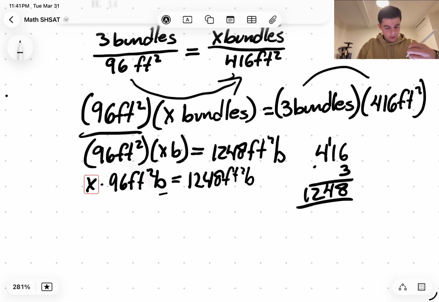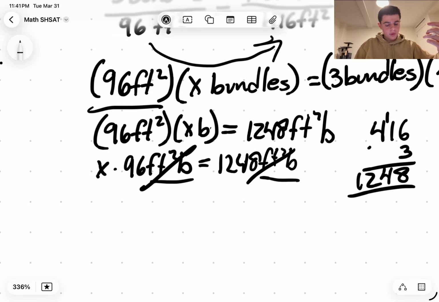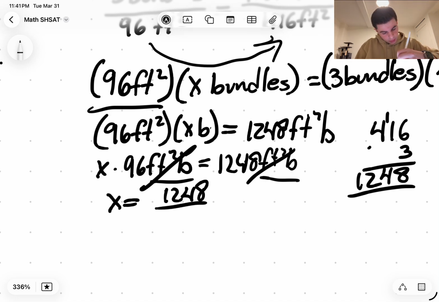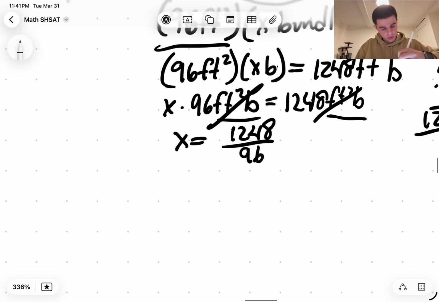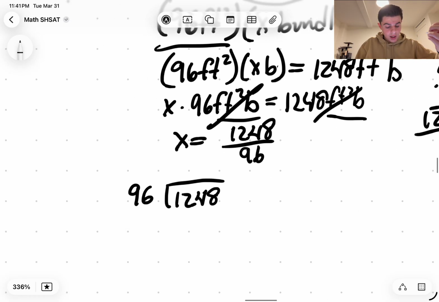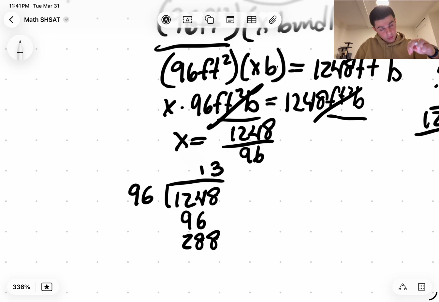And now we can write this as X times 96 feet squared B equals 1,248 feet squared B. Now that we have the same units on both sides, we can just cancel them out. So now we have X times 96 equals 1,248. So X is going to equal 1,248 divided by 96. This is when we do our long division. How many times does 96 go into 124? 1. 96, 288, and that should be 3, right?